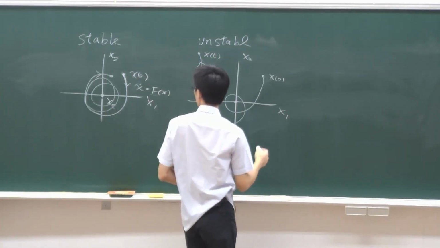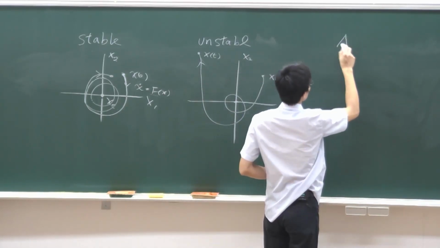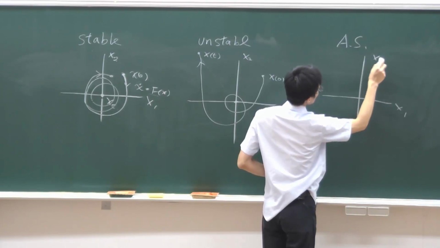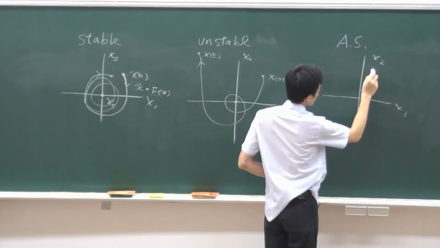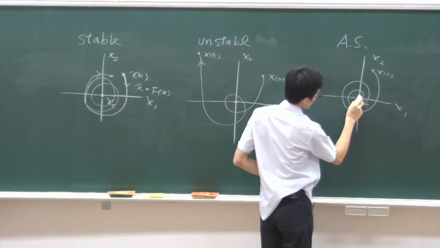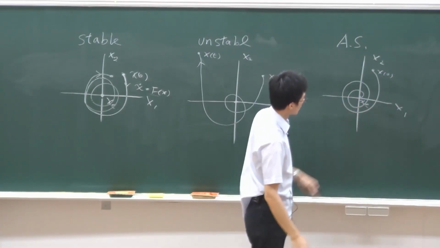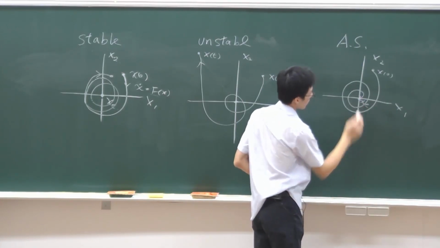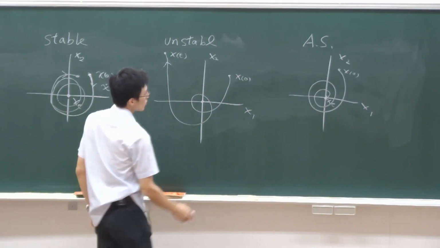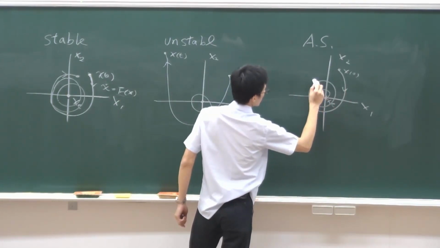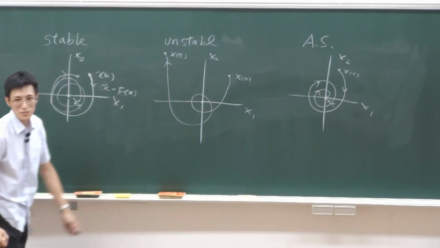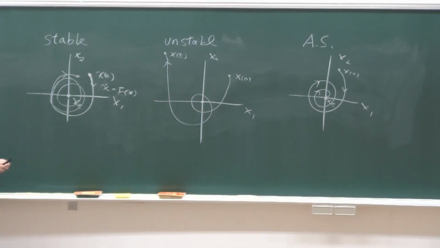And for asymptotically stable, which I just write as, it implies that given any initial condition x0, you will eventually converge to xe, which is the equilibrium point, because the distance is 0.